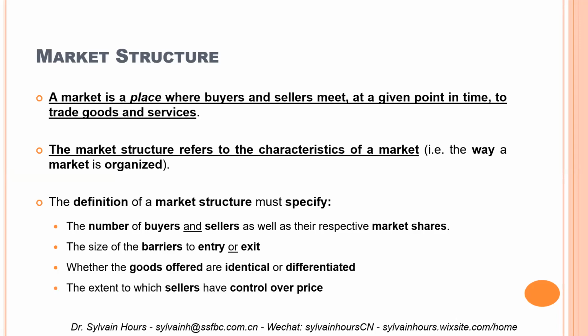And also to the extent to which sellers have control over price. Are there price takers, which means that whatever they do, they have no influence on the market price, or is there a price maker, which means that their behavior, their decisions are going to have an impact on the market equilibrium, on the market price.